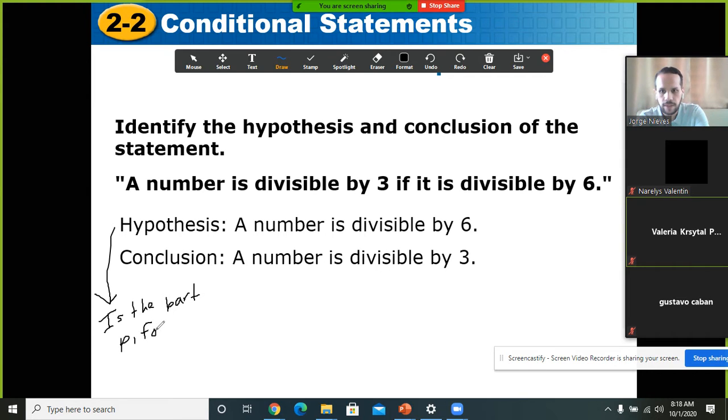You see? Following the word if. So you have to identify in the sentence where do you see that word if.